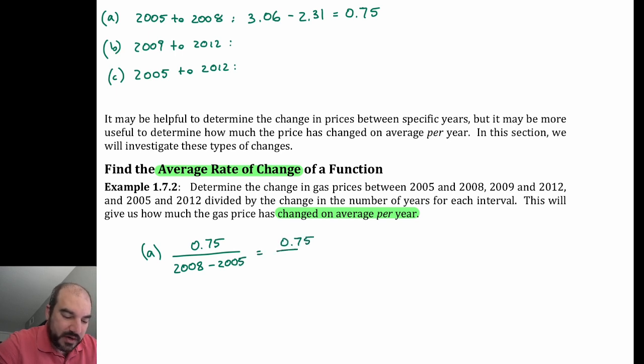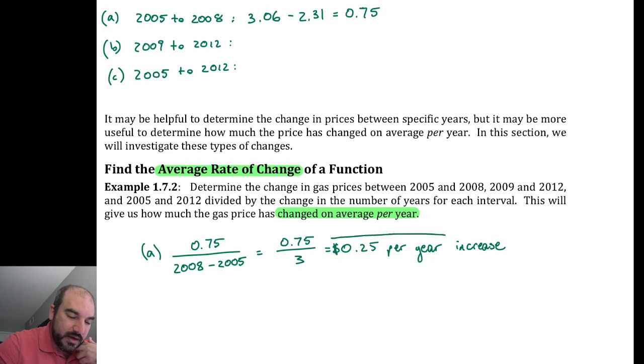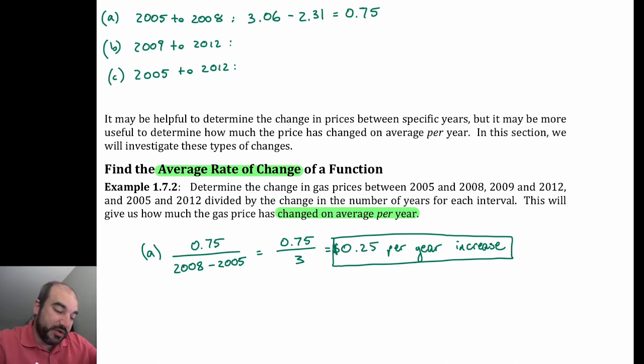So we get 0.75 over the course of 3 years, which means we have a 0.25 dollar per year increase. This is the average rate of change, or 0.25 is the average rate of change between 2005 and 2008. So you'll need to do that for the other two as well to figure out the average rate of change for those.